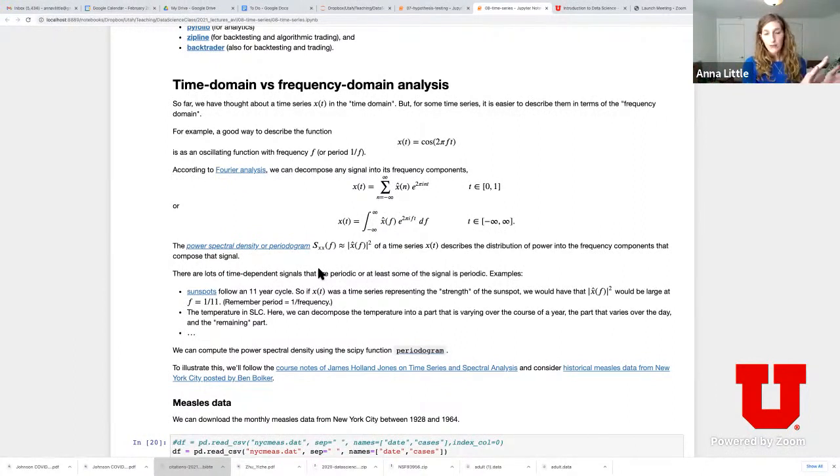But if you map it into the frequency domain, it's useful to think about which frequencies have a strong response, where these Fourier coefficients are large, and which frequencies have a negligible response, meaning they don't really contribute much to the signal. The signal doesn't really have those frequencies. And one way to do that is to look at what's called a periodogram. So this is just the square of the magnitude of the Fourier coefficients.